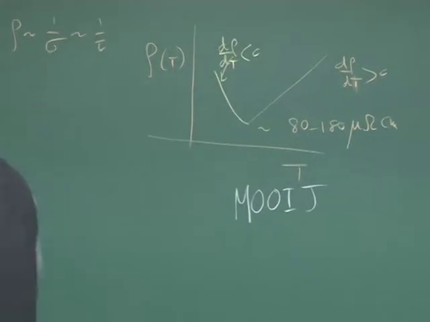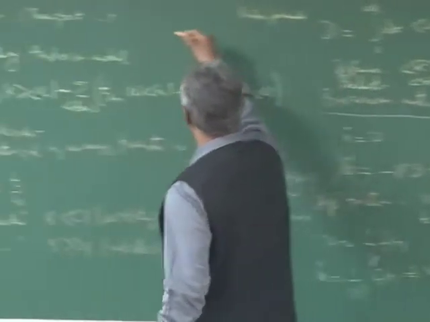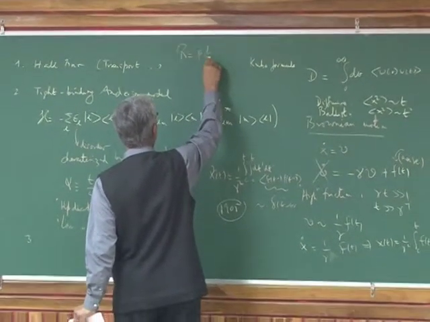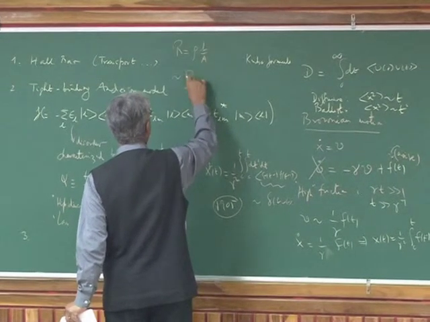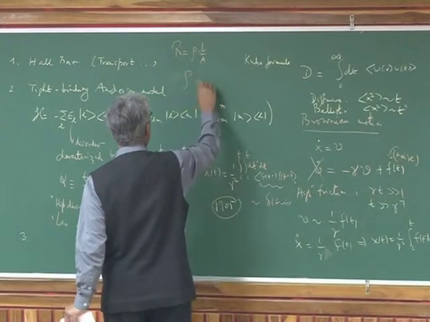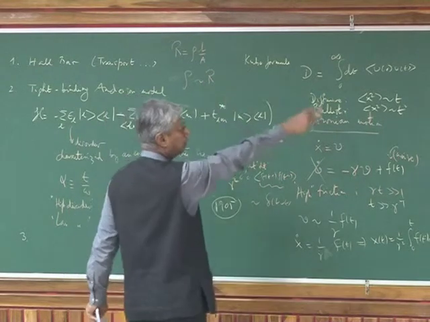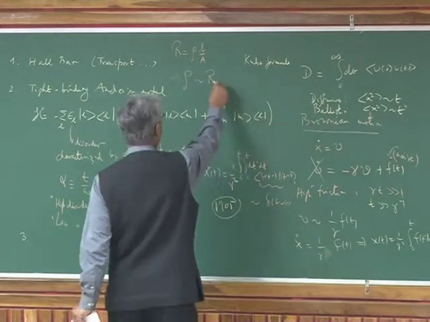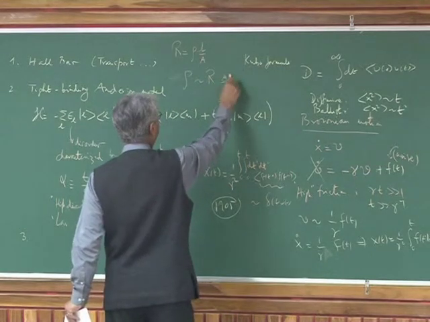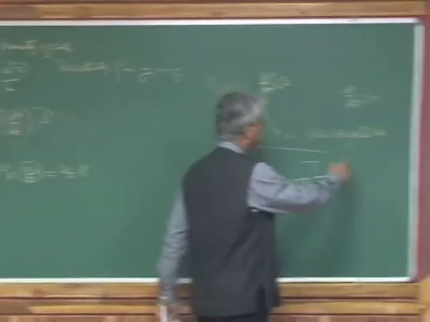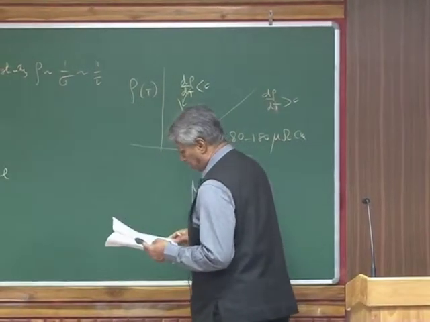Remember from Ohm's law considerations, your resistance is rho L over A, so therefore rho has the dimension of resistance, which is in micro ohm, times the dimension of a length, because it's A over L, and that's why the centimeter comes in.